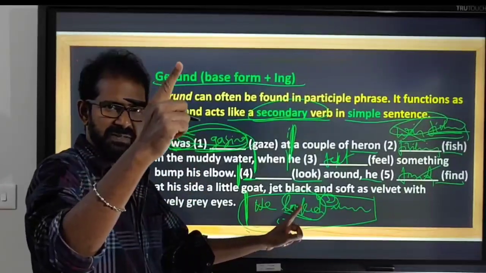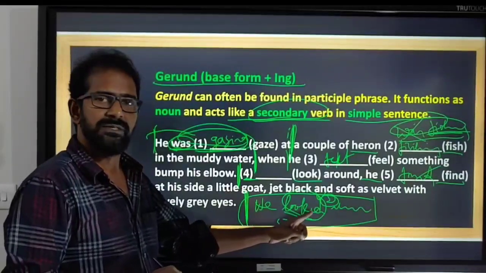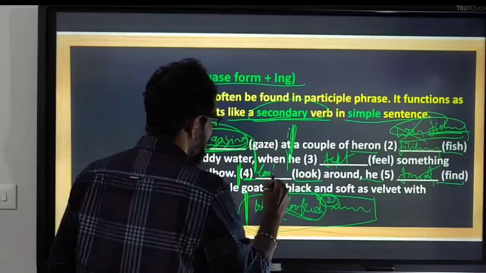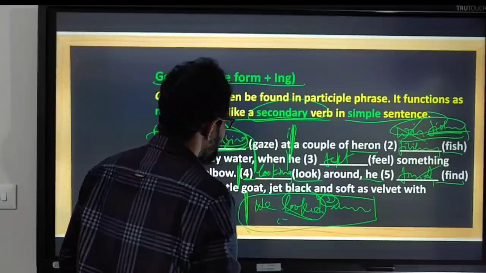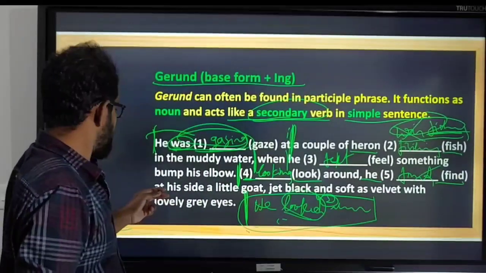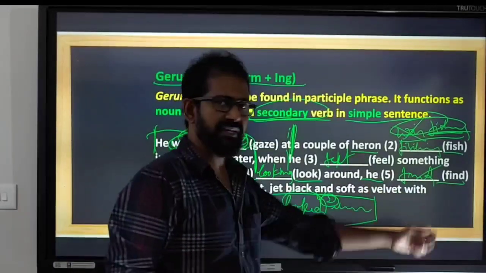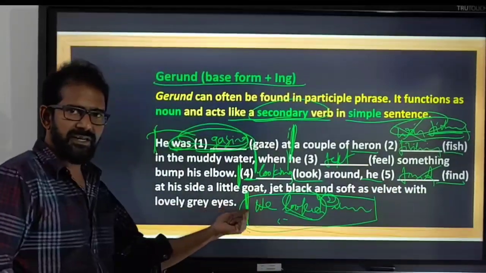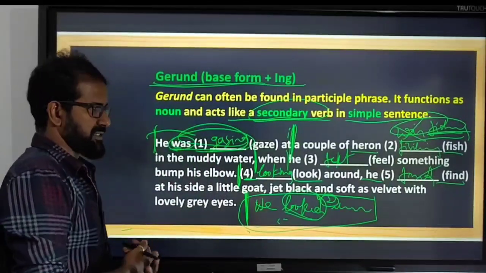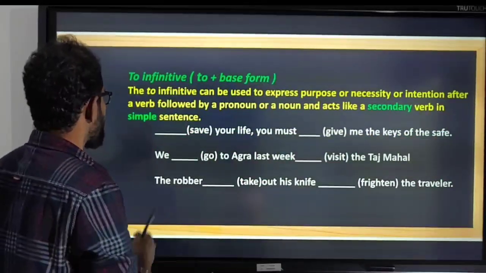Passive voice, past participle. If the verb is in V1 or V2, then we just go with the present participle. Then the answer is looking. Looking around, he found at his side a little goat, jet black and soft as velvet with lovely grey hairs. This is how we use gerund or present participle. To infinitive.